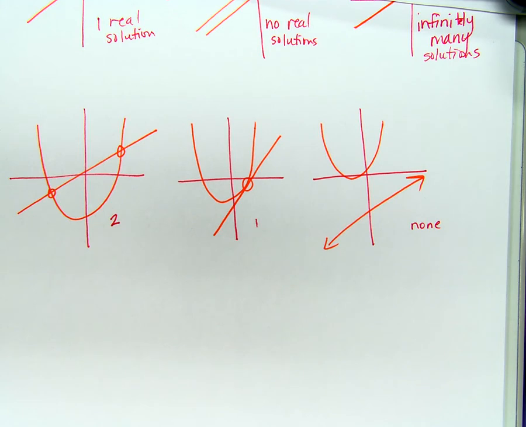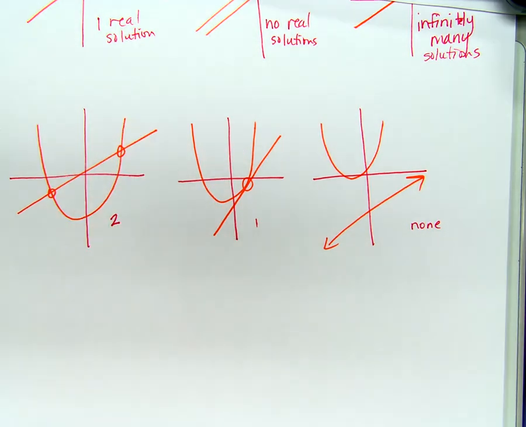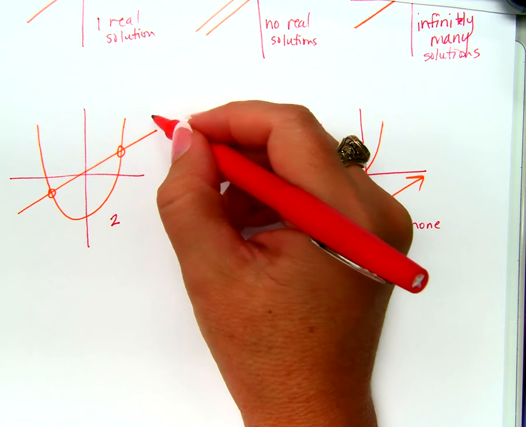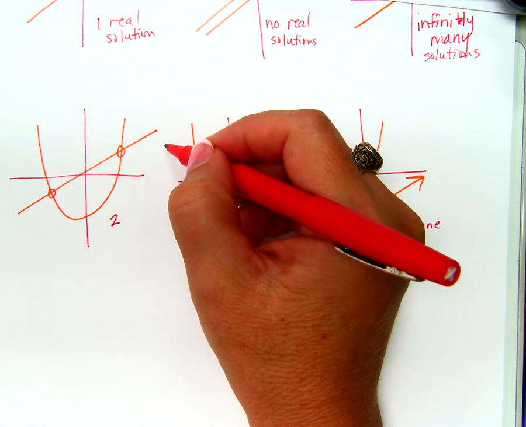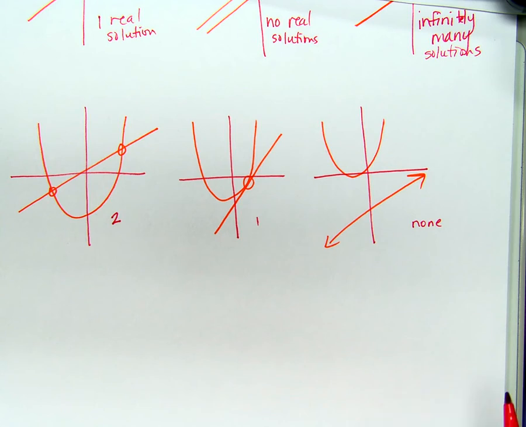Now, to be clear, I'm telling you right now that all we have is a line and a parabola. Can you have 3 solutions if you have a line and a parabola? Will the parabola ever come back down to cross the line? No. So can you have 3 solutions? No. Okay.